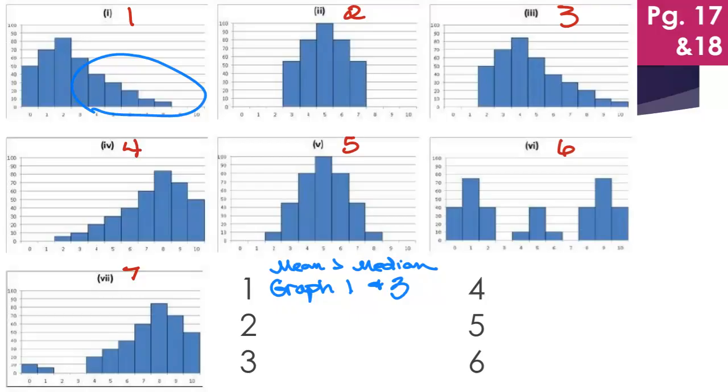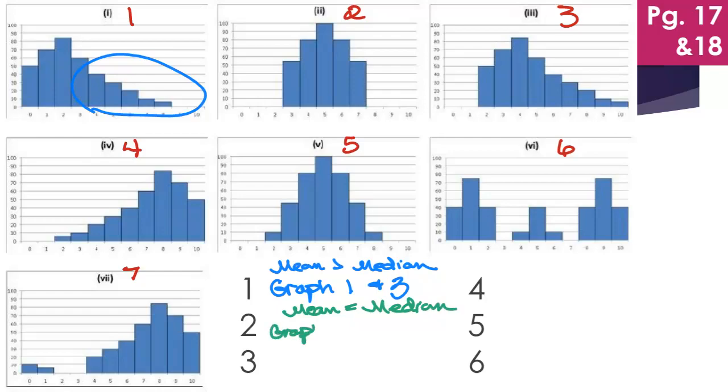Okay. So, question 2. What does question 2 ask? Because I don't have it. Let's see. Well, okay, yes. Where is the mean equal to the median? 2 and what? All right, let's see. Mean equal to the median. 2, I would say yes.